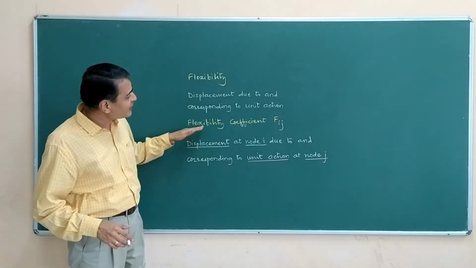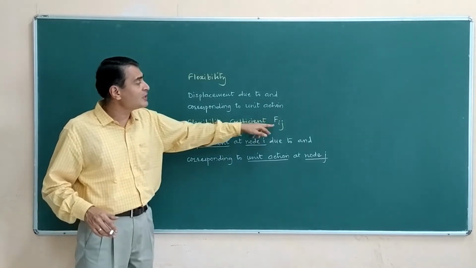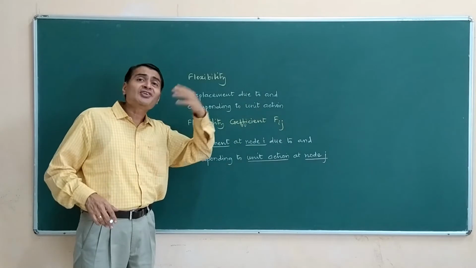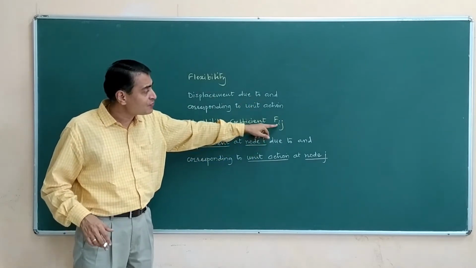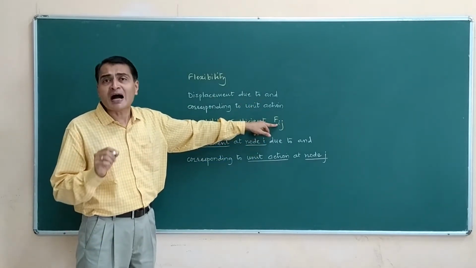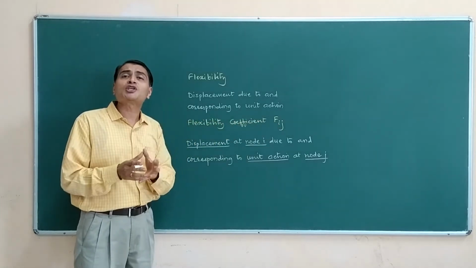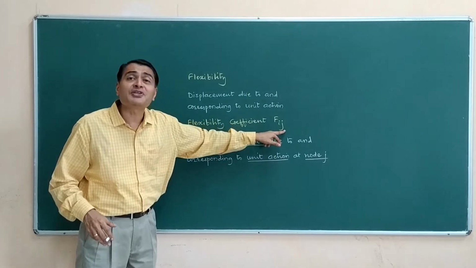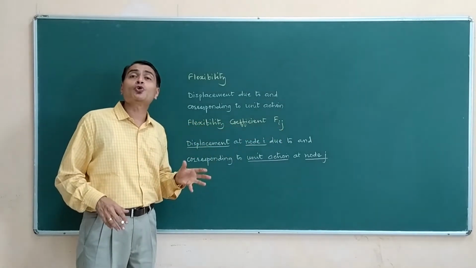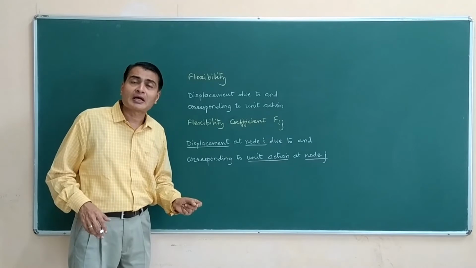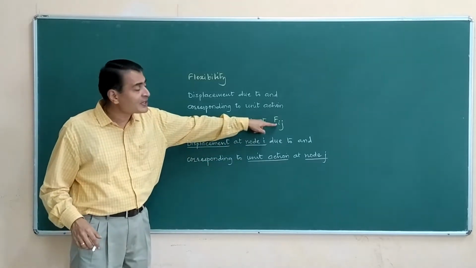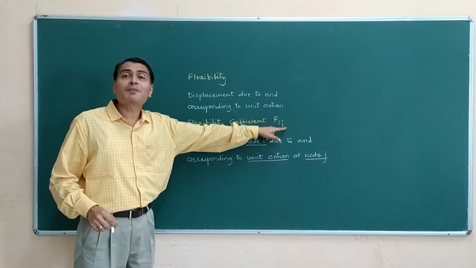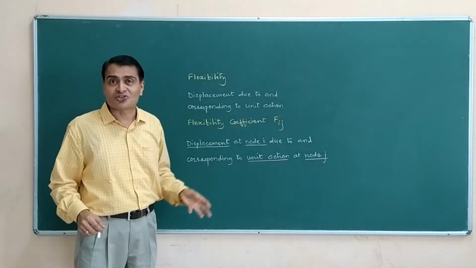Now we come to defining flexibility coefficient Fiz. Like the stiffness coefficient, the first subscript i indicates the location of consequence, and the second subscript z represents the location of cause. I repeat, i represents the location of effect and z represents the location of the cause.